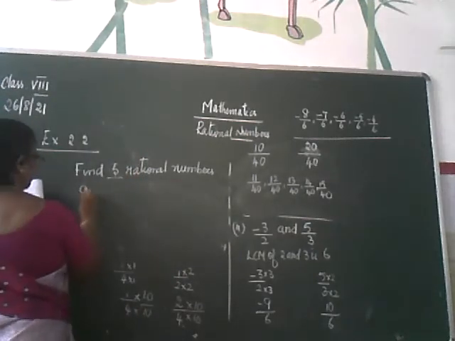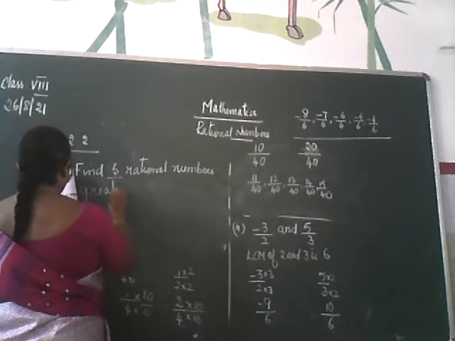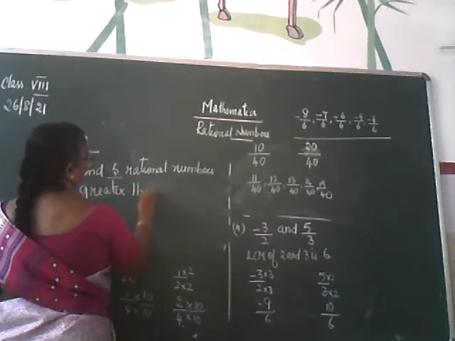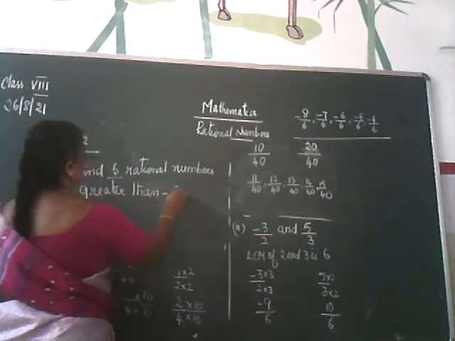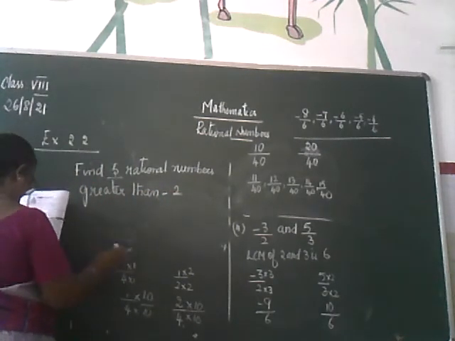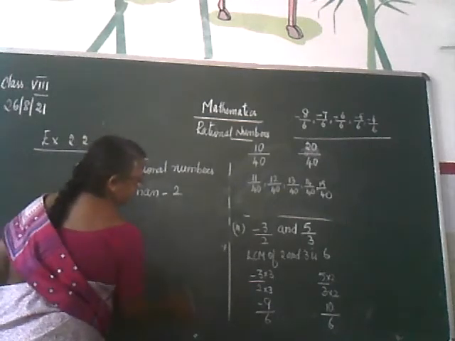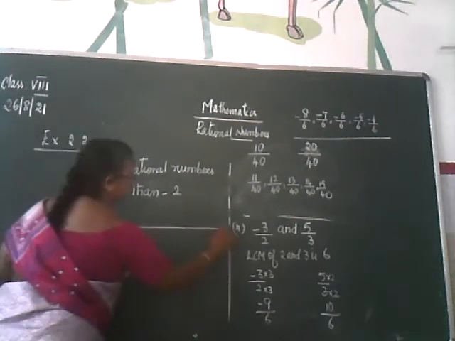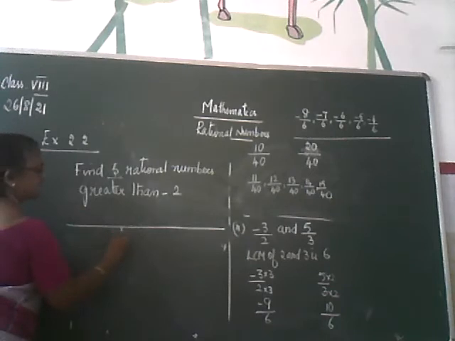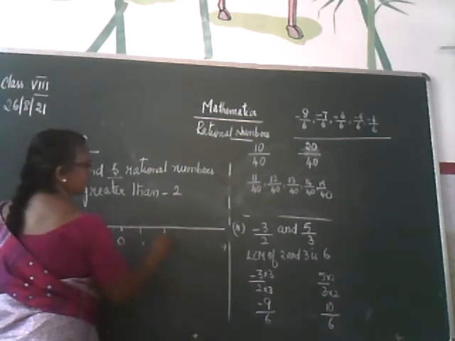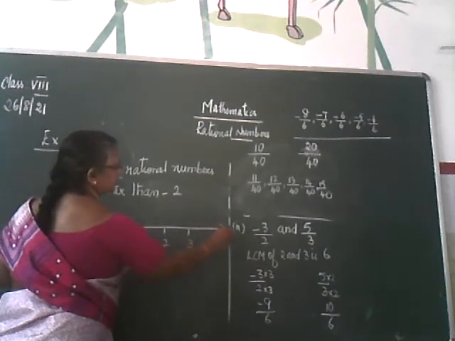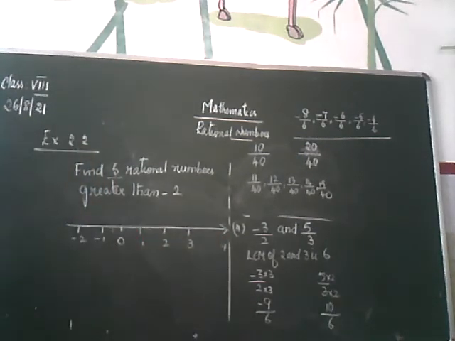Greater than minus 2. So write 5 rational numbers greater than minus 2. See, you will have 0, minus 1, minus 2. Here it is positive. So greater than minus 2. This side you should consider. So whatever you want, you write.